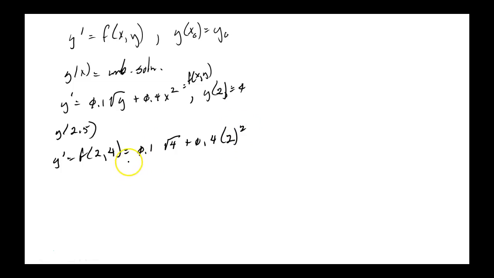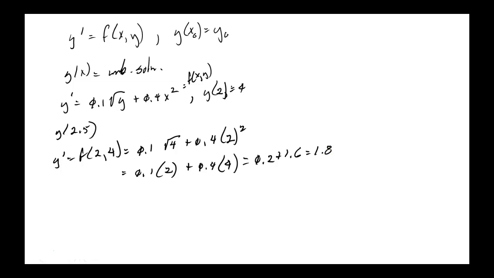So our y prime there is going to be 0.1 times 2 plus 0.4 times 4, which is equal to 0.2 plus 1.6, equal 1.8.